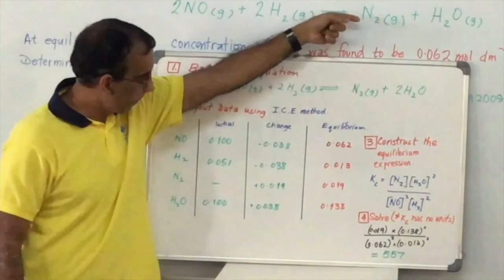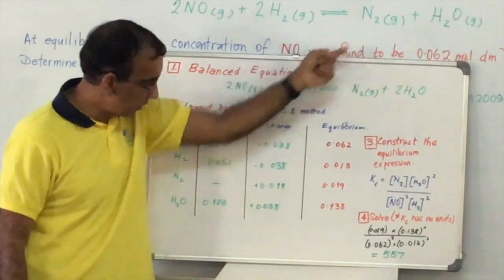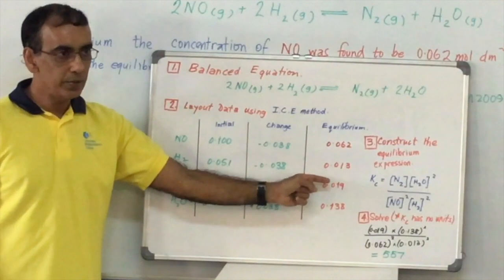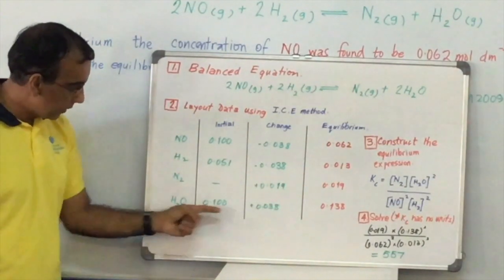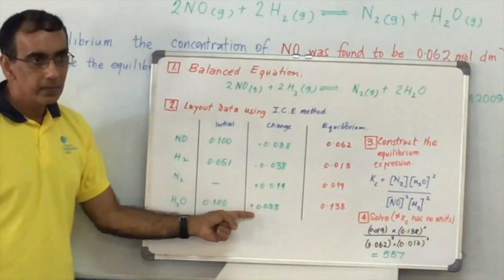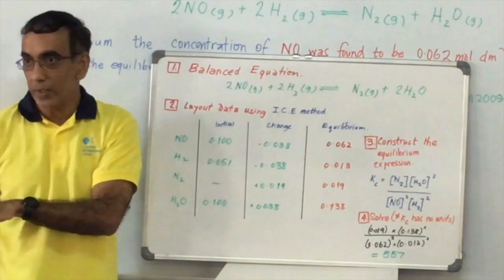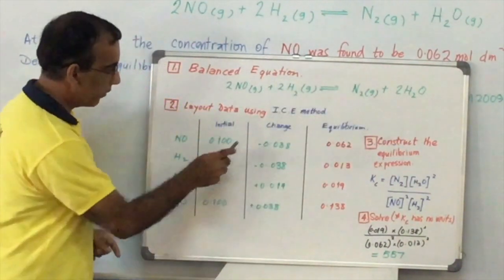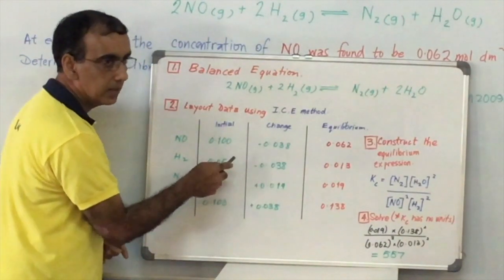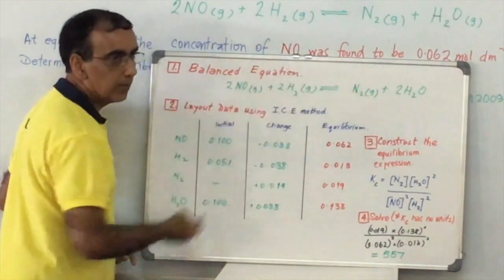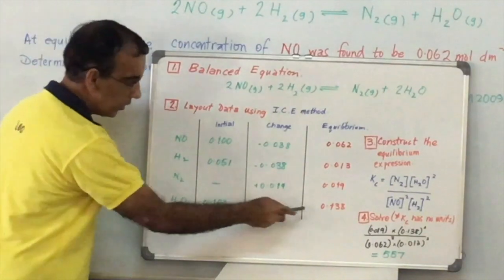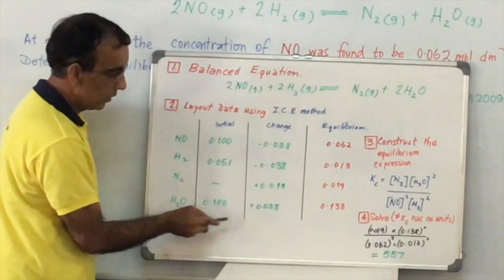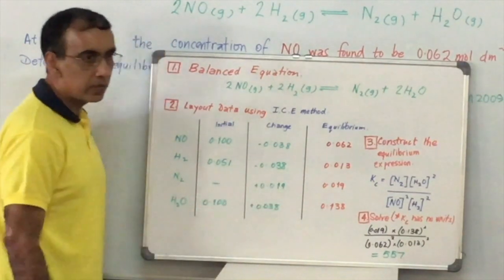So the change is this, and because this began at 0, then at equilibrium it's going to be 0.019. And for water it's going to be 0.038 because in the balanced equation, 2, 2, 2. So whatever moles of this was lost on this side has to be gained on that side by water. So then you have this plus this, which was the initial concentration, and you get this as the equilibrium concentration.